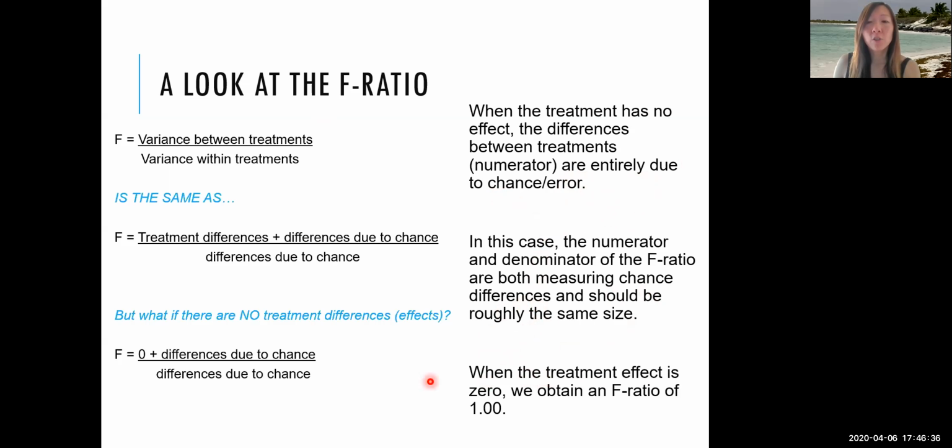Okay. So then when the treatment effect is 0, we obtain an F ratio of 1, because we have the same value for differences due to chance in the numerator and differences due to chance in the denominator. It has to be the same value or very close to the same value.